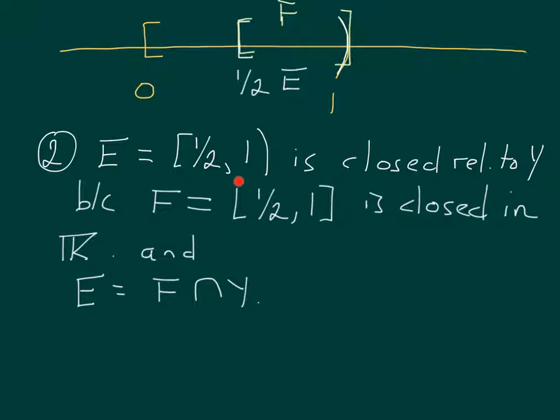However, if we think of this as a subset of the entire real line, it certainly doesn't look closed to us as a subset of the entire real line. So let's just note that as well.